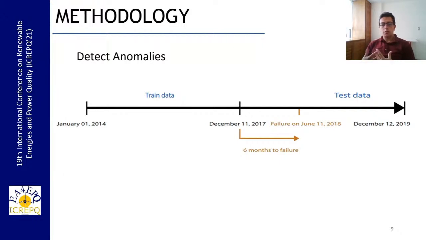So our methodology uses only the training data to identify what the normal, healthy behavior is, and with this information, the algorithm is used to identify a failure in the test data and also identify the normal behavior.